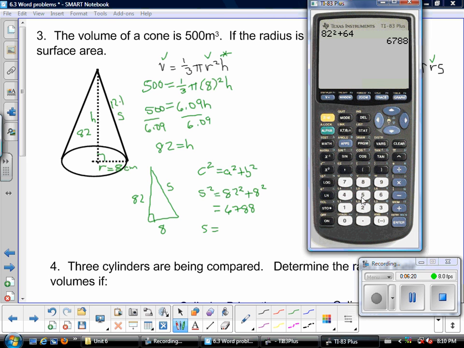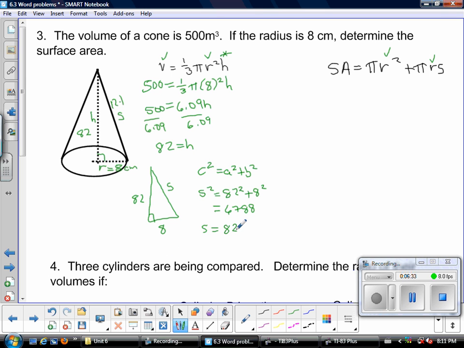Okay, so now I want to take the square root of that answer, and we end up with approximately 82.4. Okay, and that's an okay amount because it is still larger than 82. So that's 82.4.